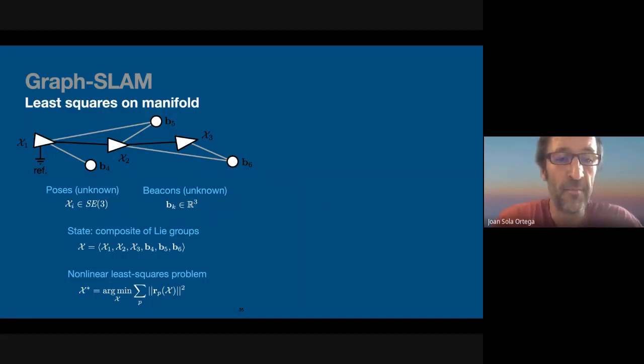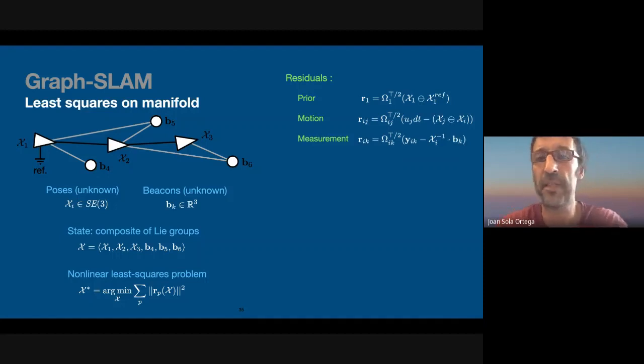Okay, and we pose the following least squares problem. So the optimal X is the X that minimizes the sum of all the residuals, and these residuals are defined by each one of the measurements. So we have a residual for the prior. The prior says that X1 is located at a certain reference, X1 reference, with some uncertainty omega1.